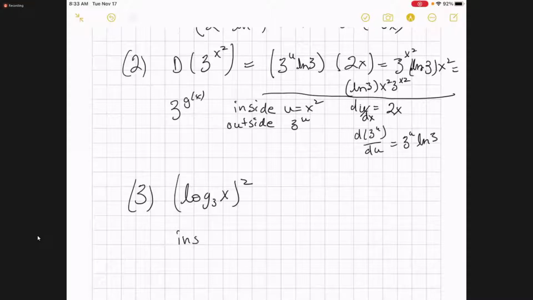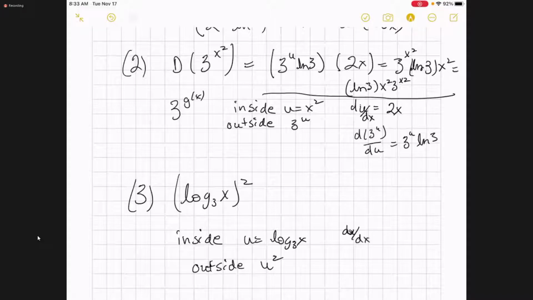And the inside, u is log base 3 of x. Outside, u squared. So du dx, we just said that the derivative of log base 3 would be 1 over x ln of 3. And the derivative of u squared with respect to u is 2u.